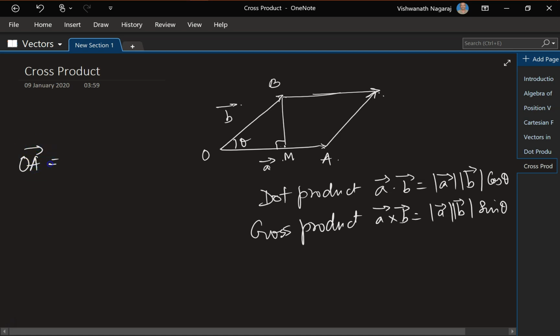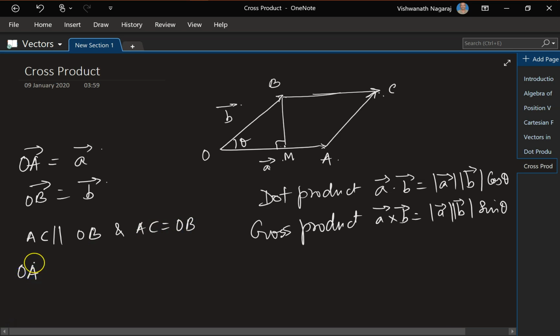OA is equal to A, OB equal to B, this is C, AC is parallel to OB, and AC is equal to OB. Similarly, we can take all these as vectors. OA is parallel to BC and OA is equal to BC.